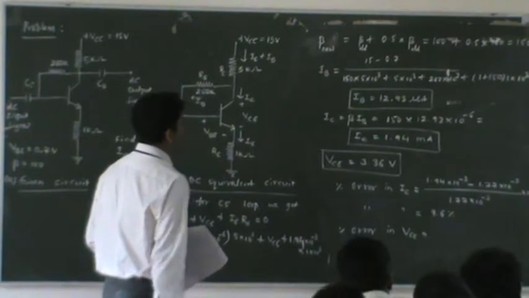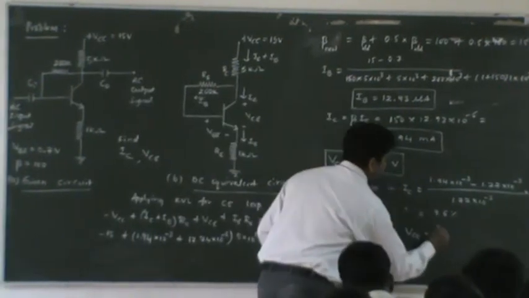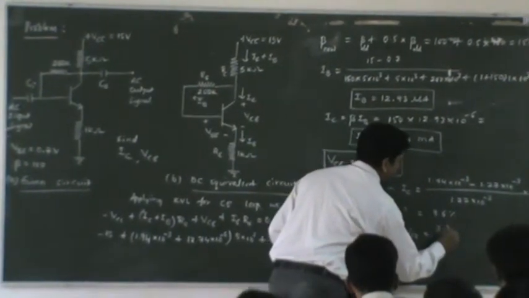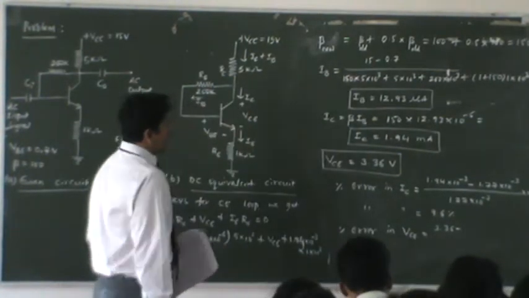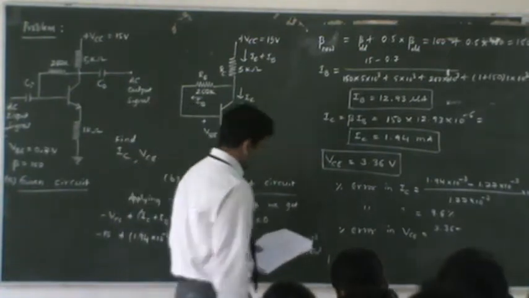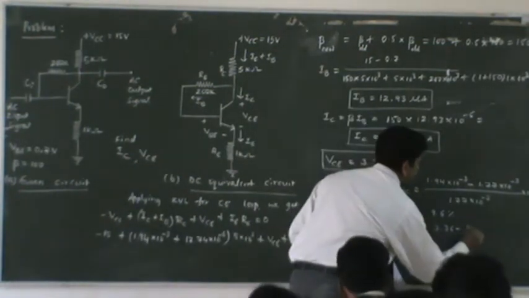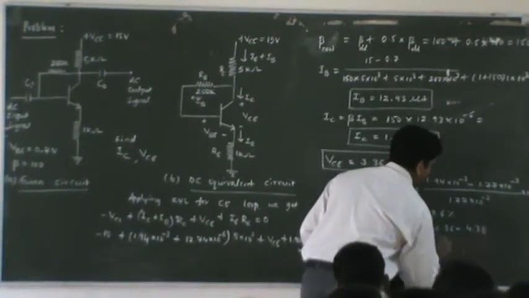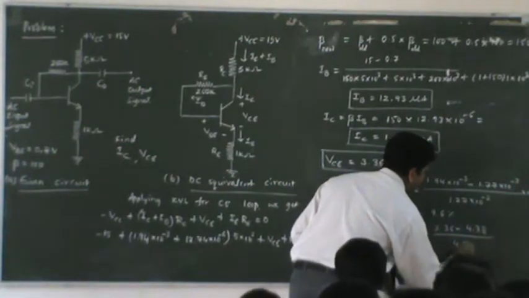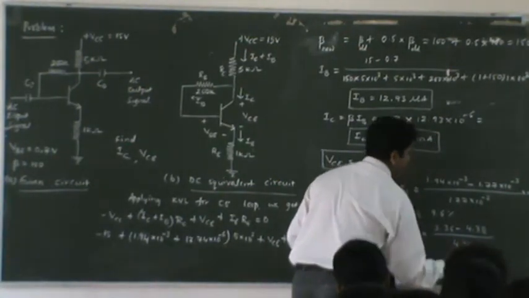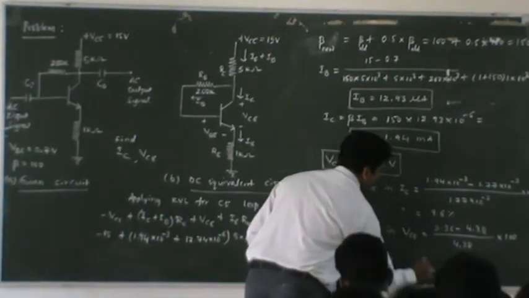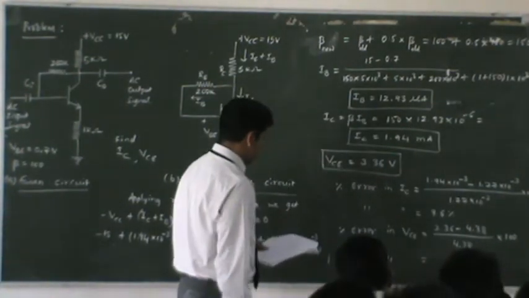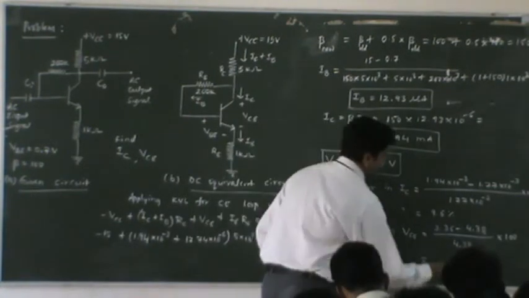Simply work out the percentage error in VCE. For this we got 3.36 volts, minus the VCE for beta 100, which is 4.3 volts, divided by 4.3, and this is multiplied by 100. The percentage error for VCE is minus 23.3%.